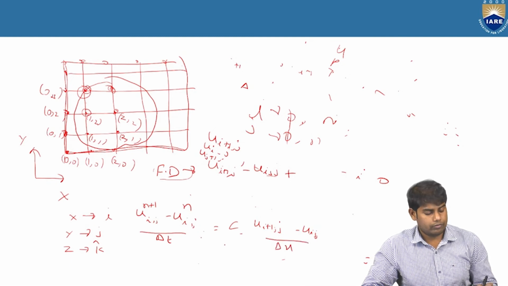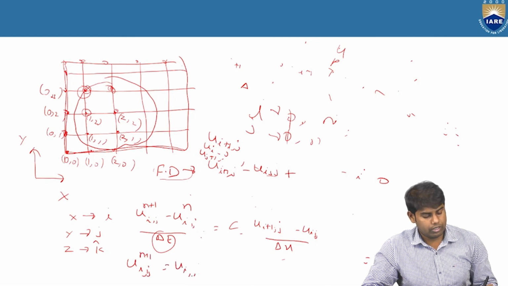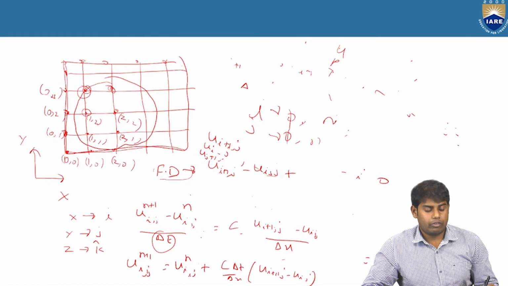So if you move this delta t across, u of i comma j at n plus 1 is equal to u of i comma j to the power of n plus c into delta t by delta x into the difference.